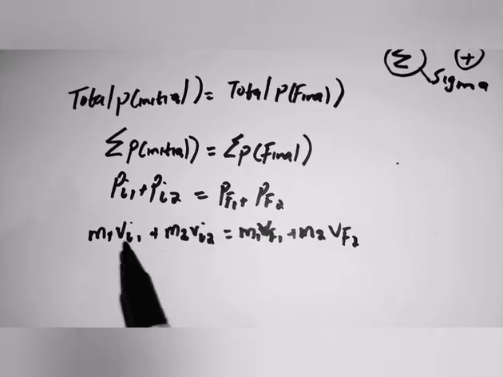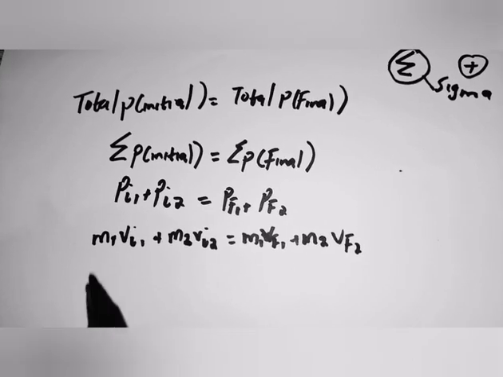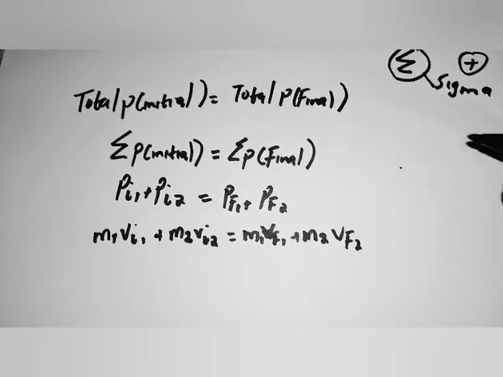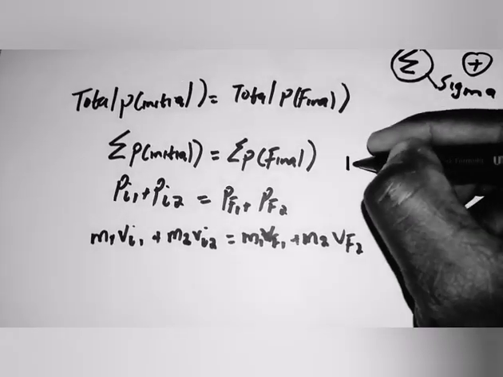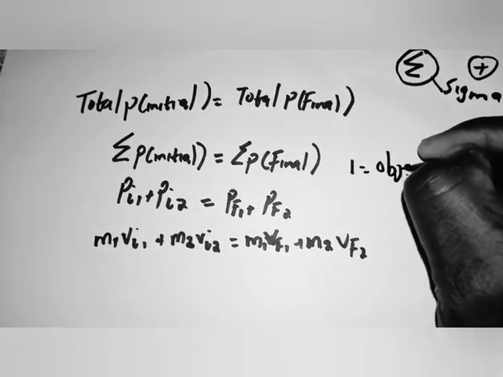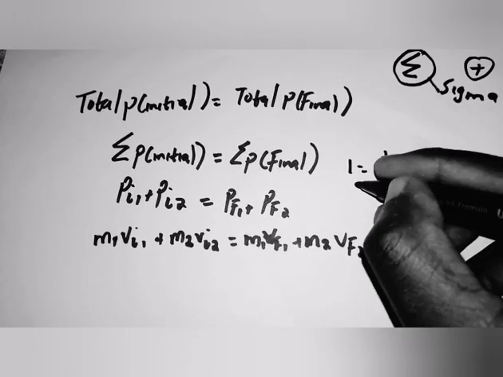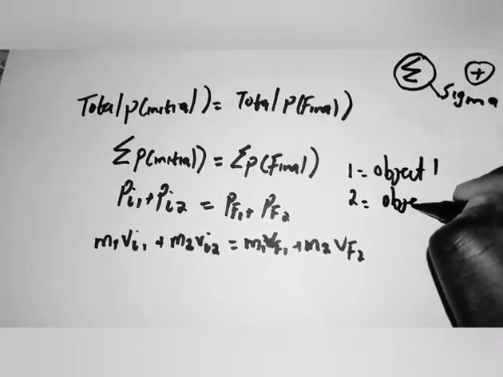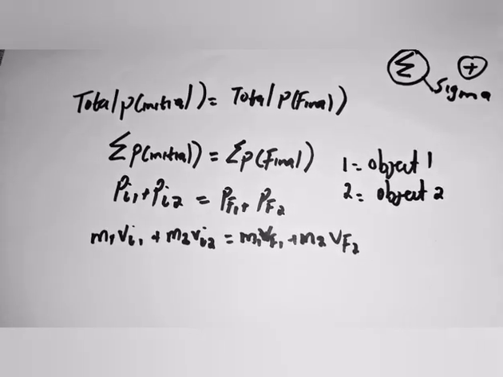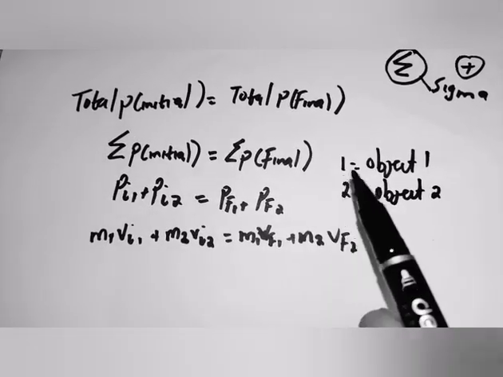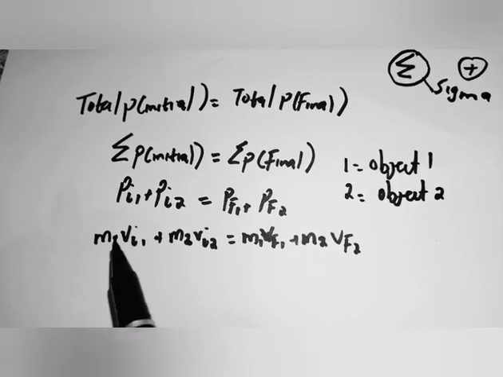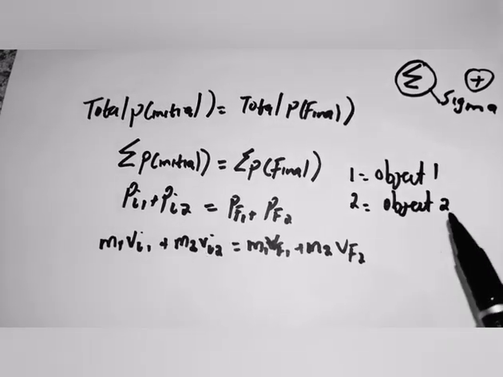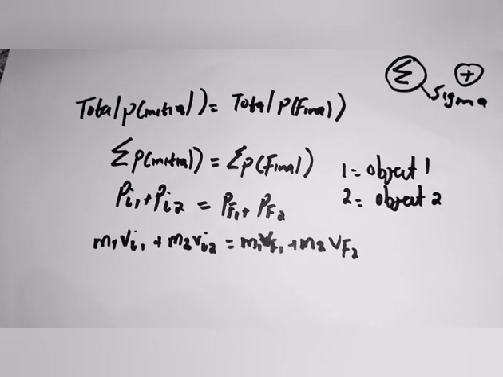So this is M1 and here it is M1. Then we have M2. The 1 tells us about object 1, and the 2 tells us about object 2, which means that in the principle of conservation of linear momentum, we're talking about two objects.